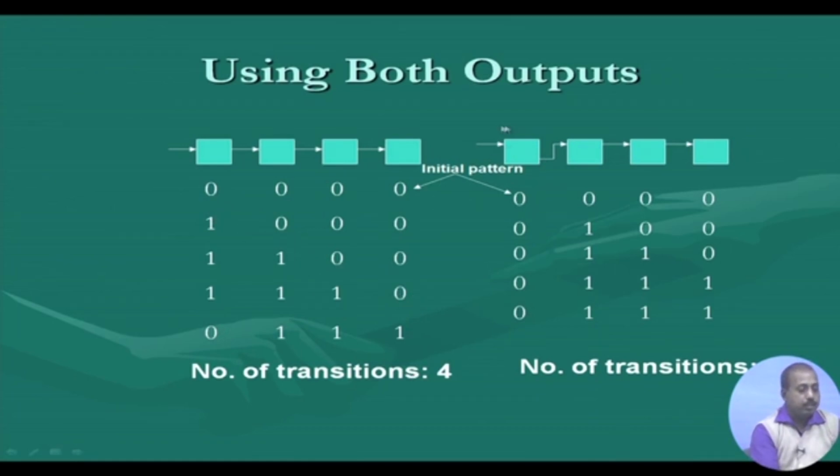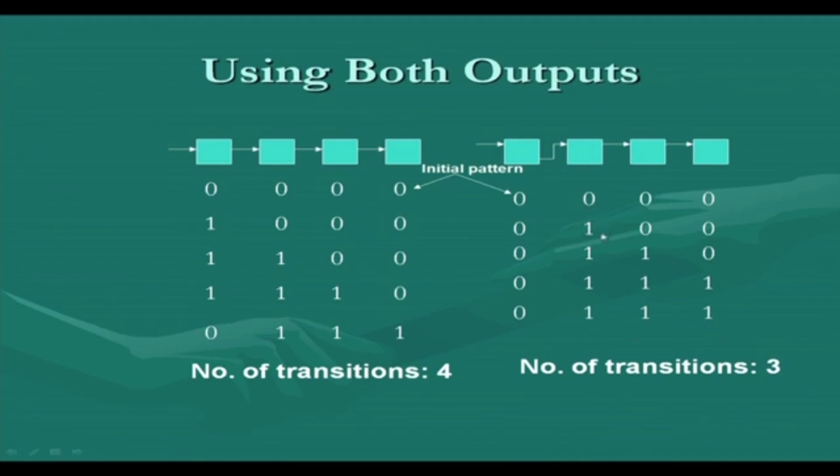On the other hand, suppose for the second flip flop the D input is connected from the Q bar output of the previous flip flop. In this case, since the Q output was 0, Q bar was 1. So when we apply a shift pulse, this 1 that we have at this point gets shifted to this flip flop.